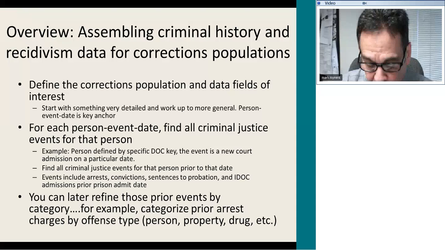So whoever had the most numbers of arrests with the date of birth and last and first name that we have in our corrections record, that's where that SID will be assigned. And that's the type of thing that can be easily automated and turned into an algorithm.